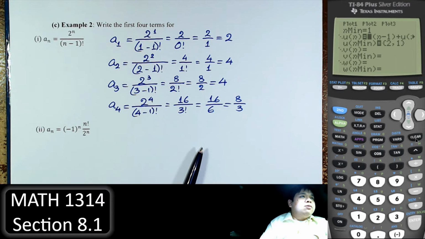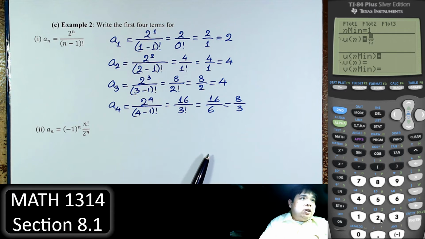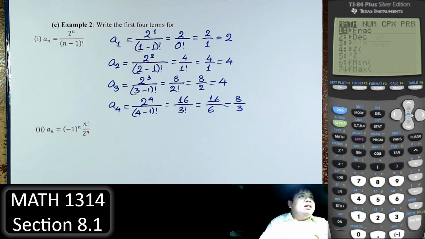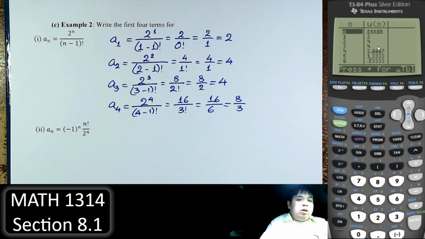So the fraction is 2 to the n minus 1 factorial. Let's see the sequence, right? 2, 4, 4, and that is 8 over 3.